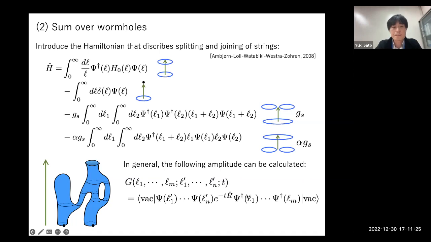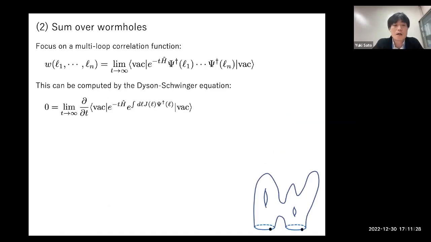Okay, but from now, I will focus on the multi-loop correlation function. So we start with N loops that propagate in time. And after T goes to infinity, everything should vanish into the vacuum. So this is the graphical expression for the multi-loop correlation function. And this quantity can be computed by a non-perturbative equation called the Dyson-Schwinger equation.